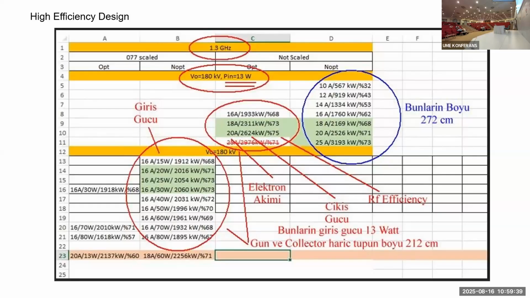Which one is the biggest? And these are 73, 16 ampere current of the cathode, 25 input, and output is about 2 megawatts. That's the basic design. It's a continuous wave Klystron.